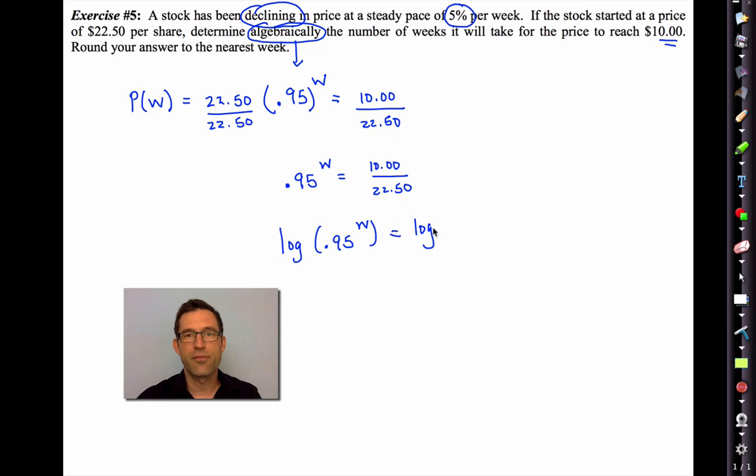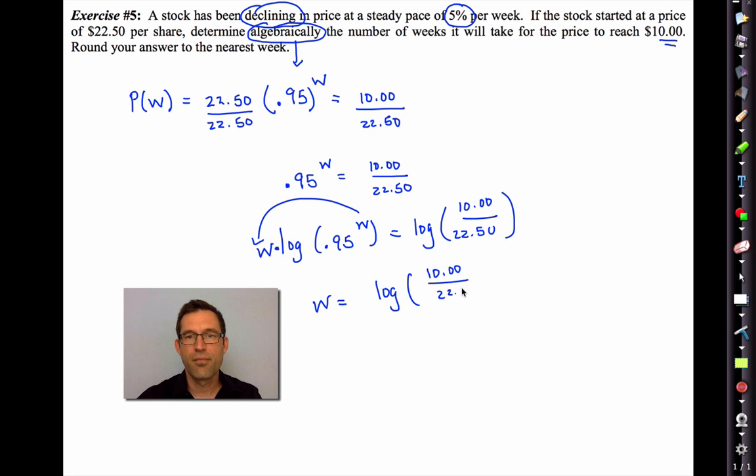And I can leave that fraction absolutely unevaluated inside of the parentheses. No need to figure out what 10 divided by 2250 is. The w would pop out, and then I would divide by the log of 0.95. So, at the end of the day, we end up having this.